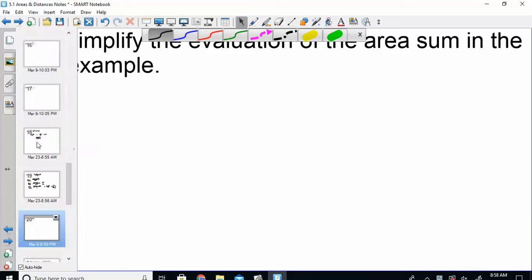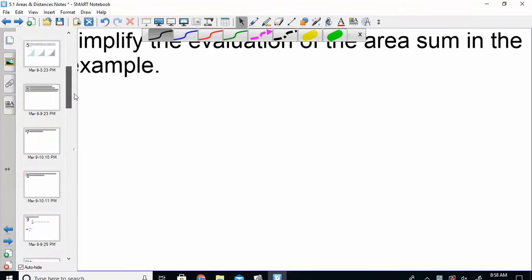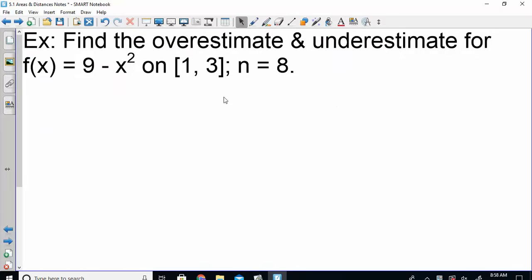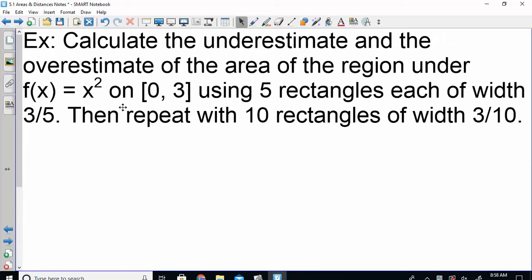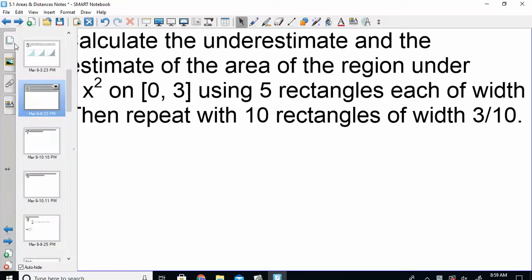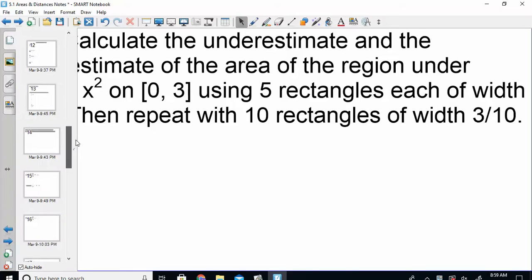In this section, if you flip back, that's when we were doing the over and under estimate for x squared. And we did it twice, once with 5 rectangles, once with 10. Let's just do it with 10 rectangles here. When we did this, we had to add up all 10 pieces, and our area was length times width.